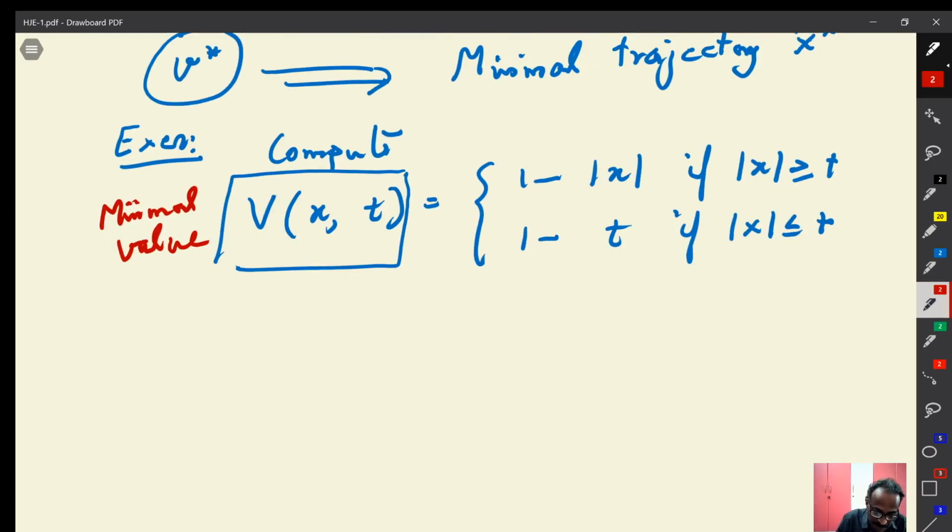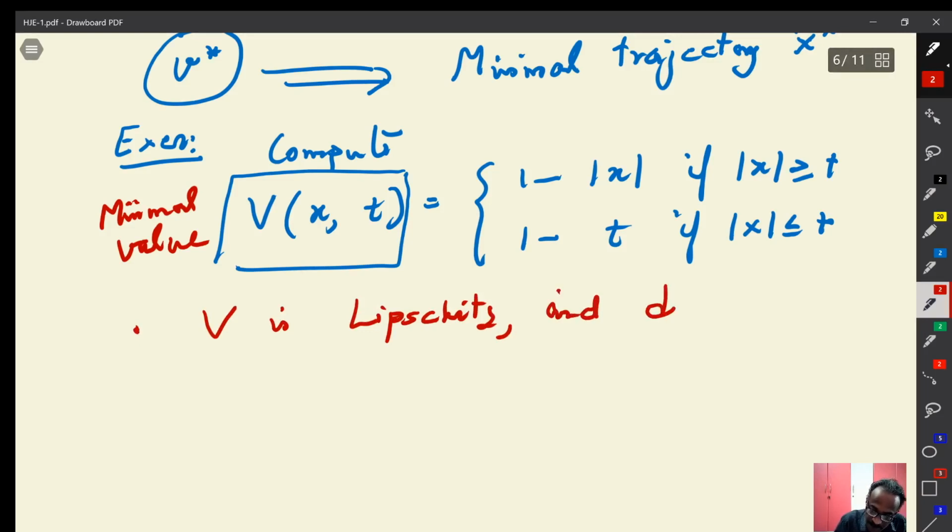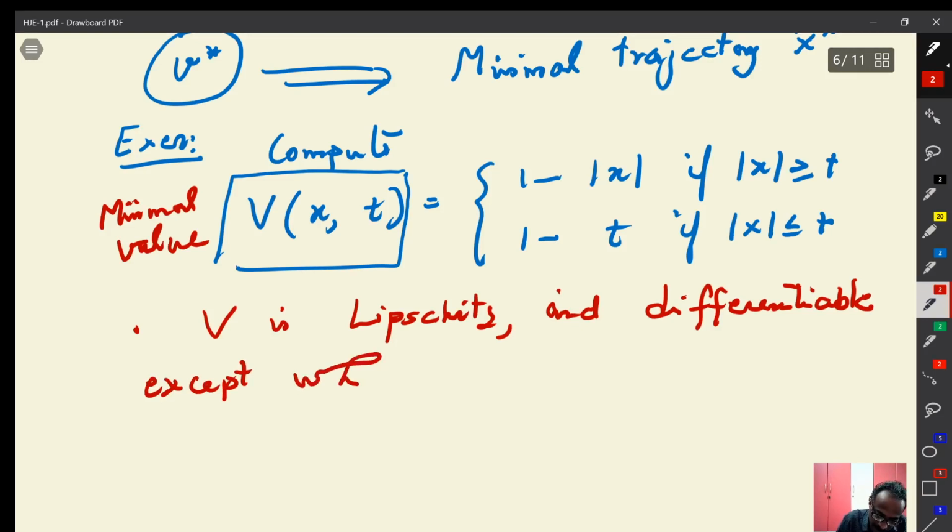So this function, the next step you can show that V is a Lipschitz function, Lipschitz, but differentiable, not at all the points, all this you can verify, differentiable except when mod x equal to t.